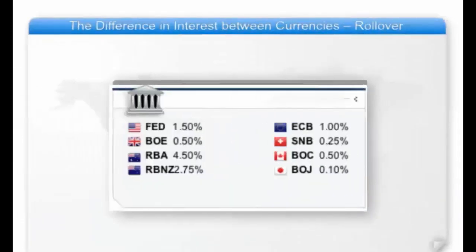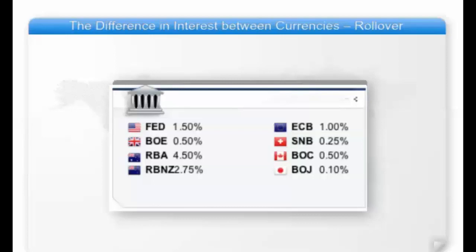For example, when you buy the euro to dollar pair, you buy the euros and sell the dollars in order to pay for it. The interest in the euro block is 1%, and the interest rate in the United States is 1.5%. Since in this case, you bought the currency with the lower interest rate, you're going to pay the rollover interest of 0.50 on an annual basis.